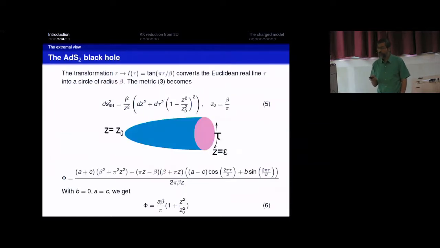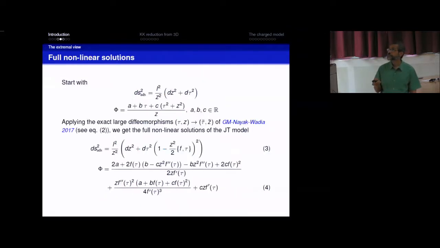And now for the specific example in which this f of tau is just the tan. In the previous slide, the solutions, one mentioned there was an SL2R that you have to mod out by, which are kind of just moving things.